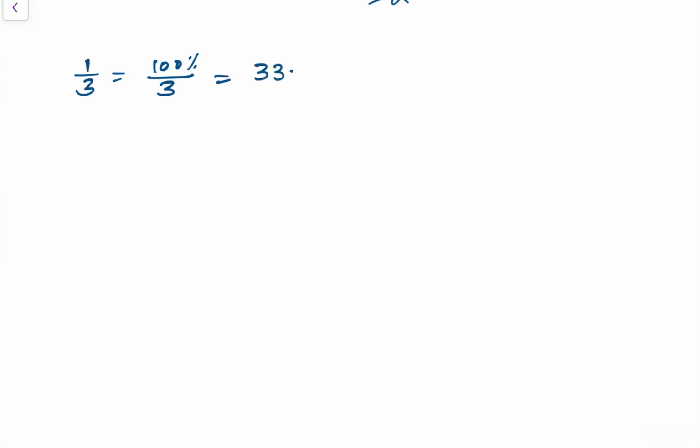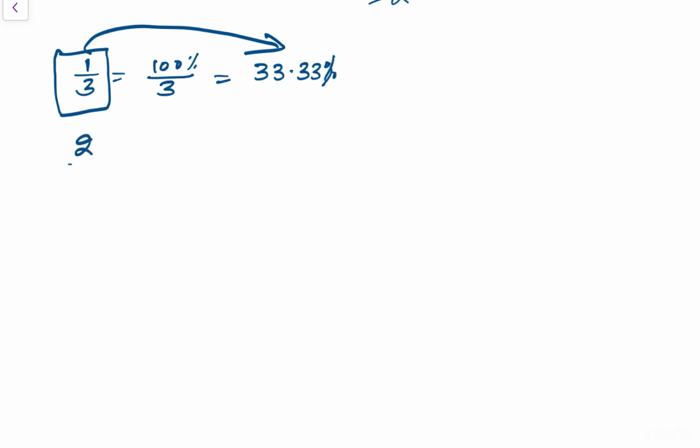In a similar way we can write 1 by 3 is equal to what? 1 by 3 is 1 by 3 of 100%, that is 100 by 3, which is equal to 33.33%. So if 1 by 3 is given, we can write it as 33.33%.